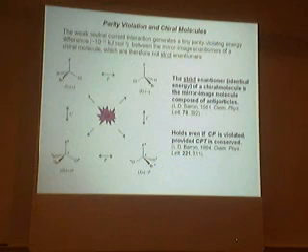Now, chiral molecules and parity violation. Now, that weak neutral current interaction generates a tiny parity violating energy difference, about 10 to the minus 15 kilojoules per mole, between the mirror image enantiomers of a chiral molecule. So, a tiny energy difference between those enantiomers.